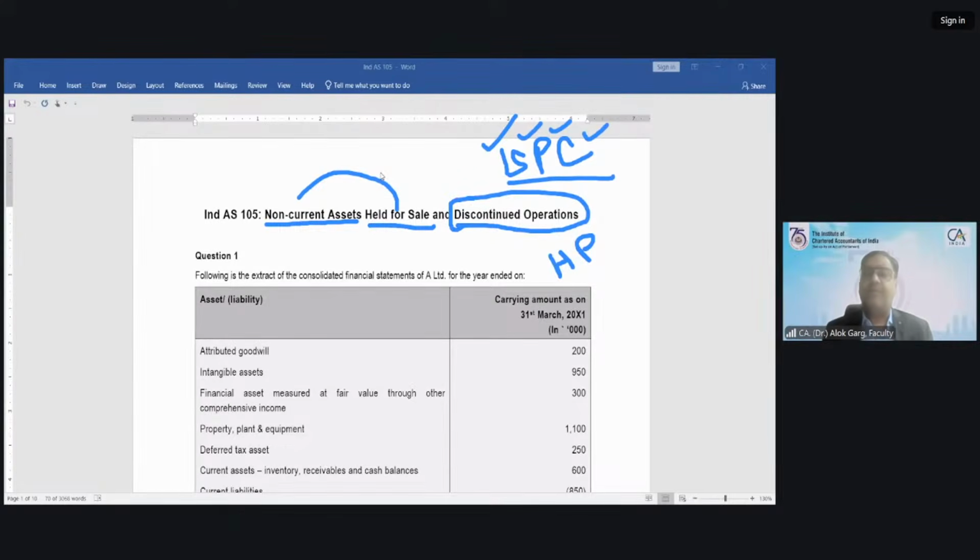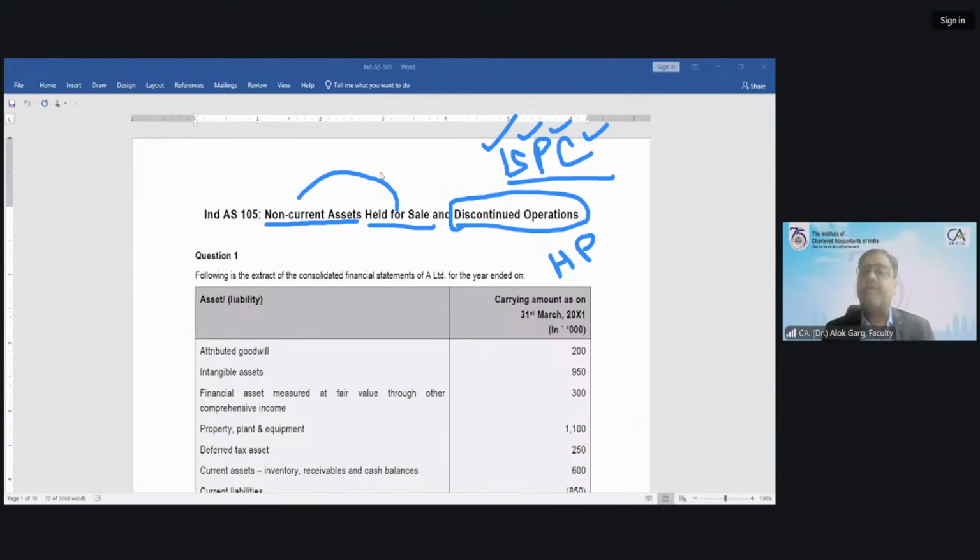Third, the asset has been marketed at a reasonable price in comparison to the market value. For example, if you want to sell a mobile phone whose market value is 20,000, and you have established an asking price of 50,000 rupees, don't you think that asset will not be sold?